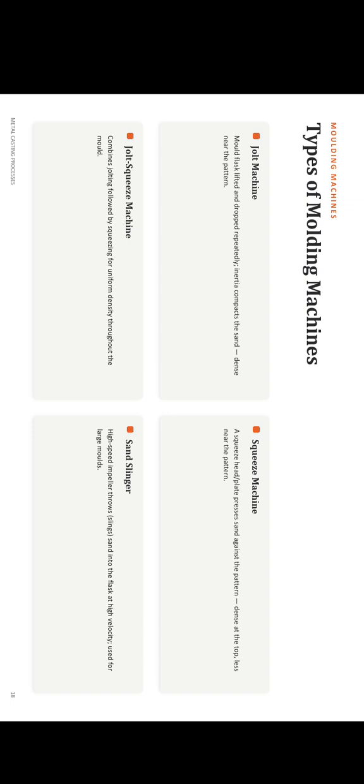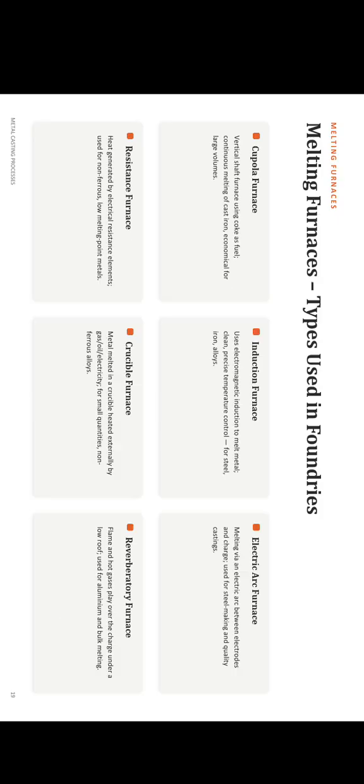Sand slinger: a high speed impeller throws sand into the flask at high velocity, used for large molds. Melting furnaces: six types used in foundries: cupola furnace, induction furnace, electric arc furnace, resistance furnace, crucible furnace, reverberatory furnace.